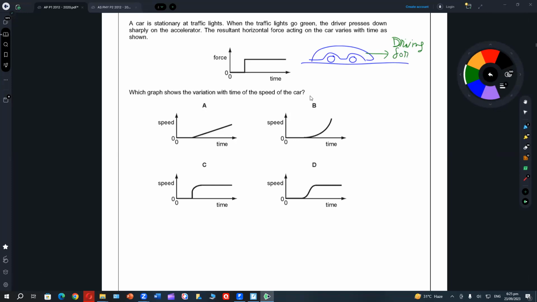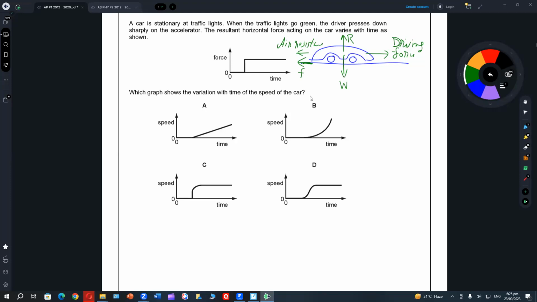This is air resistance. This is friction. This is weight. And this is R.